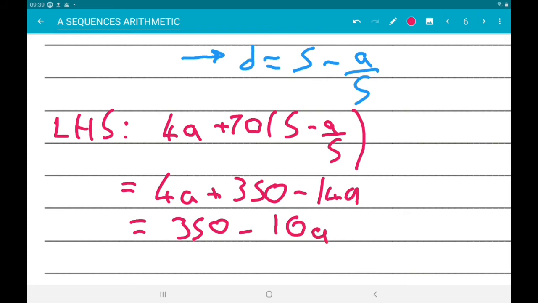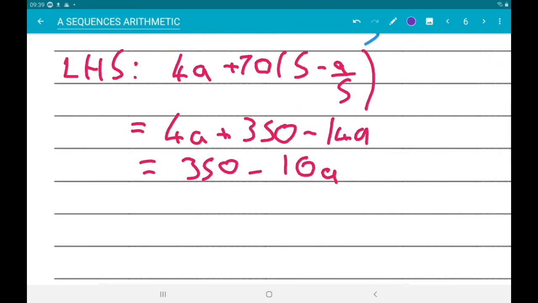Alright, now we need to do the right hand side. So the right hand side was 4a squared add 20ad. So that's now add 20a times 5 minus a over 5.